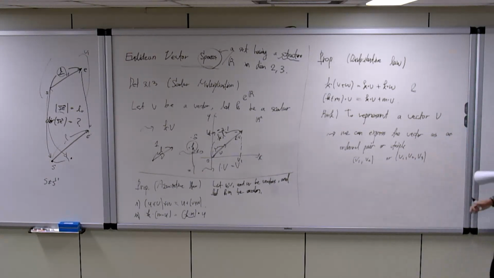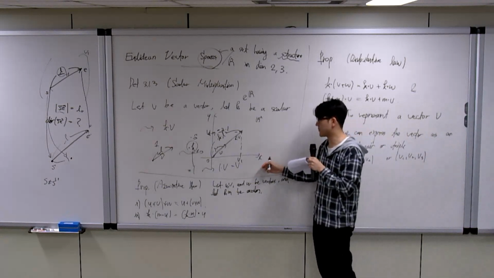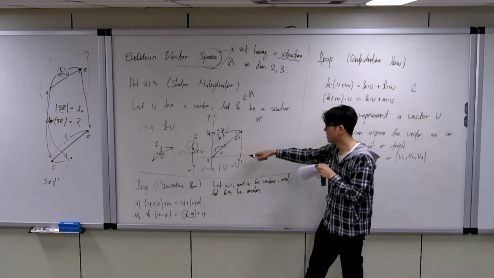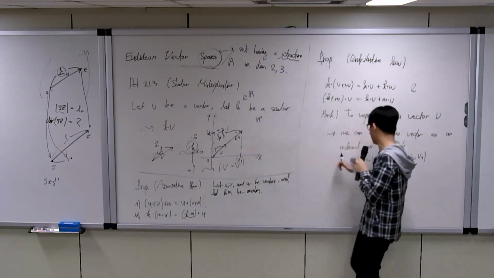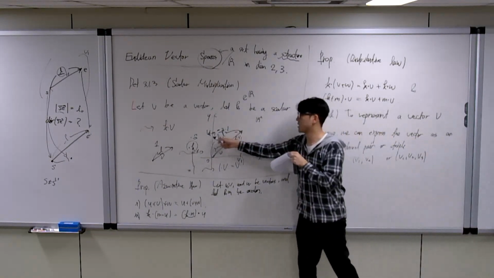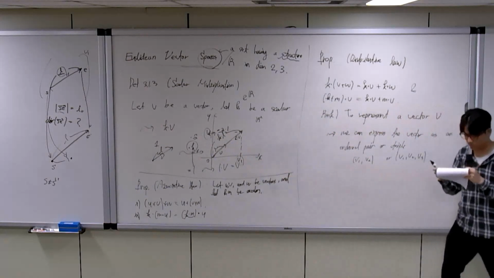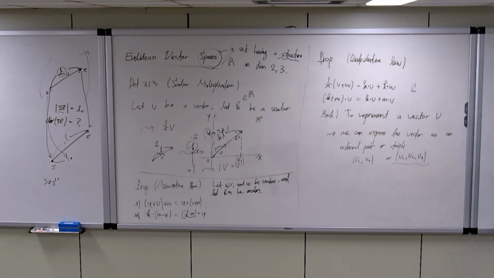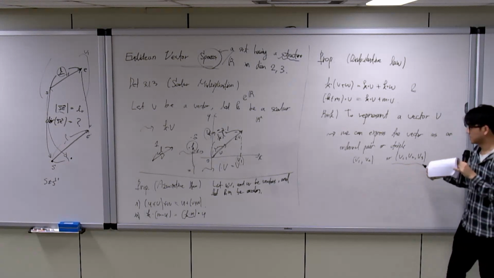If we define the first axis as x and the second axis as y, then v1, v2 means it has the coordinate v1, v2. Analogously, you can imagine what that is in three dimensions.